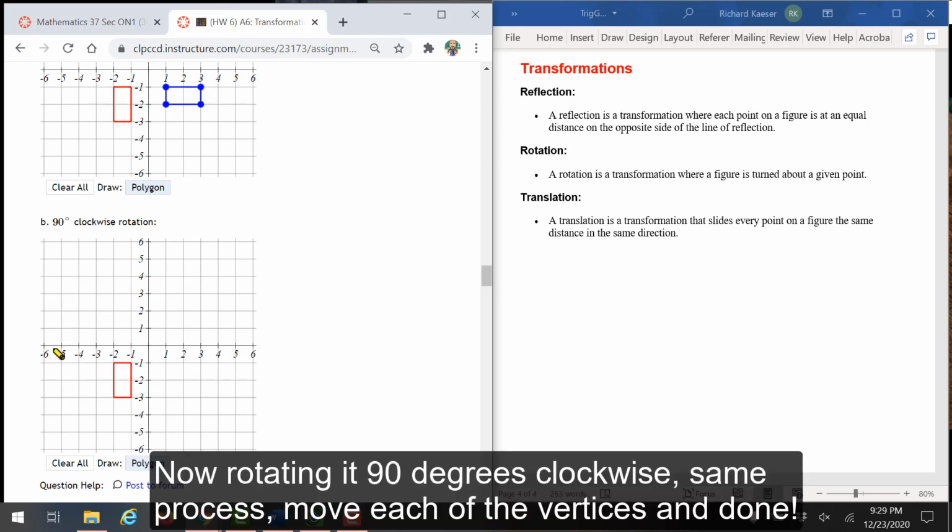Now rotating it 90 degrees clockwise, same process, move each of the vertices, and done.